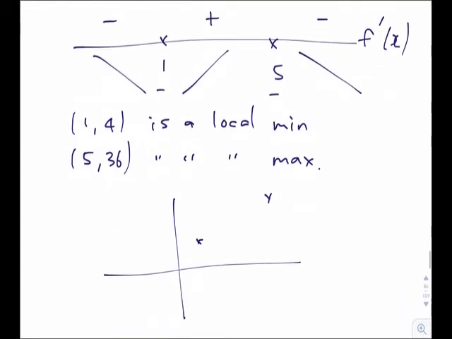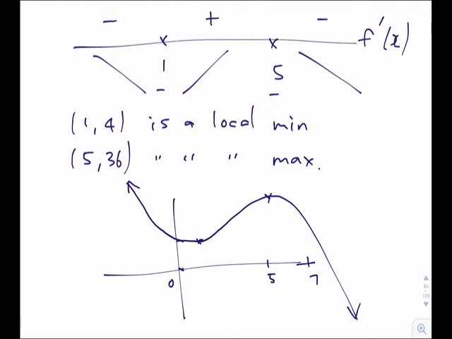Because this is a negative x cubed graph, it's going to come down like this, go up there, then down like that. So between 0 and 7, what is the biggest possible value that we can get?